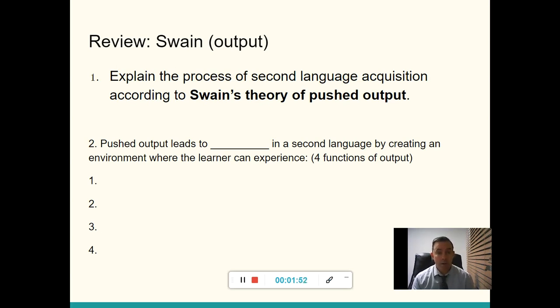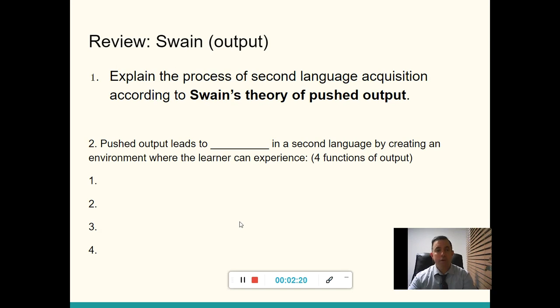So if I+1 was comprehensible input for Krashen, just a bit beyond that level I, which is the level of input that the learners can already understand, then I+1 was a little beyond that. O+1 is output just beyond the level that the learners can produce on their own.